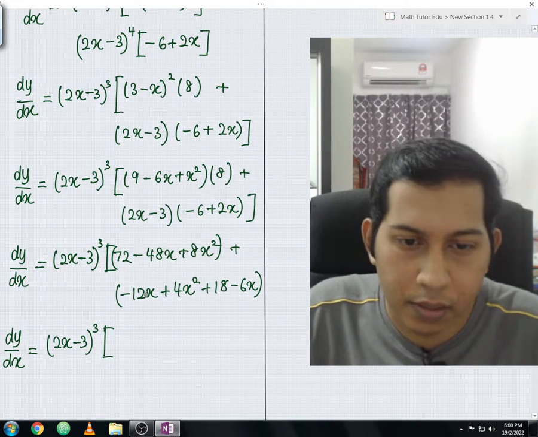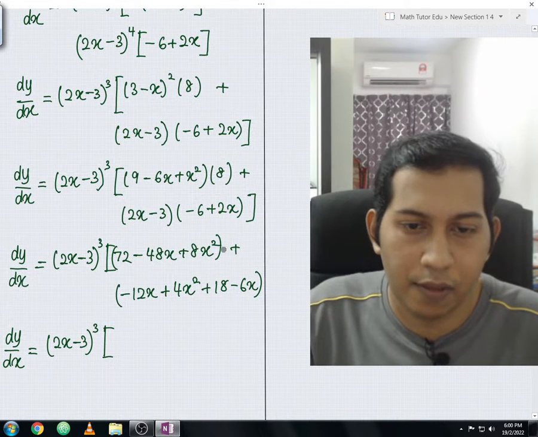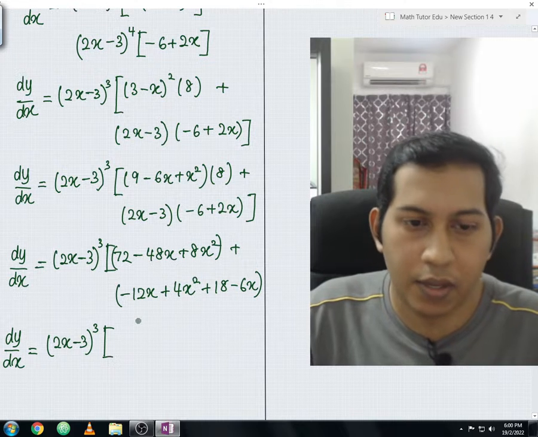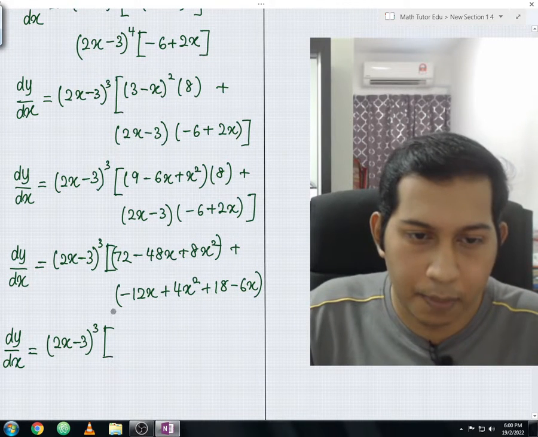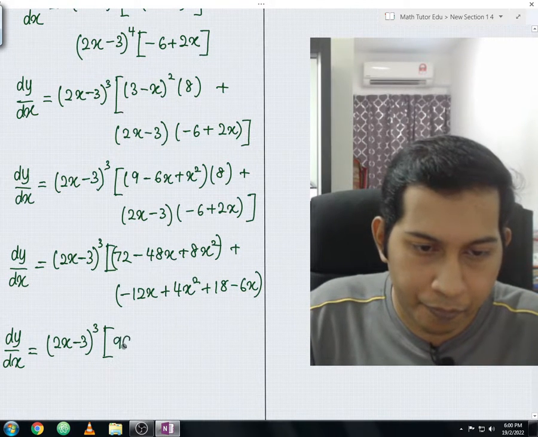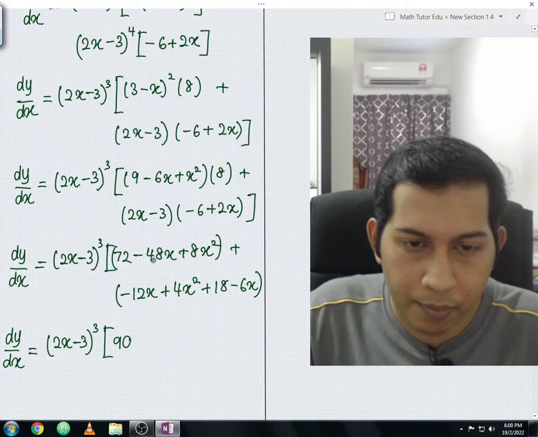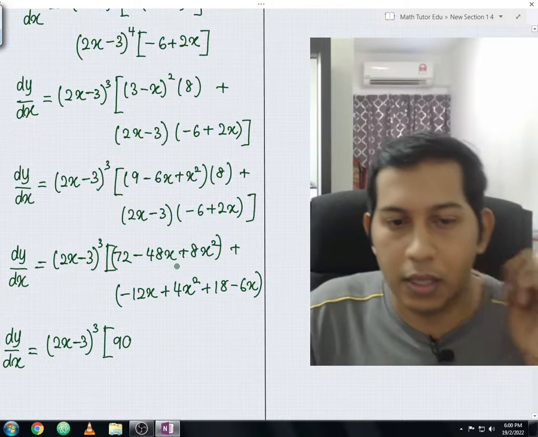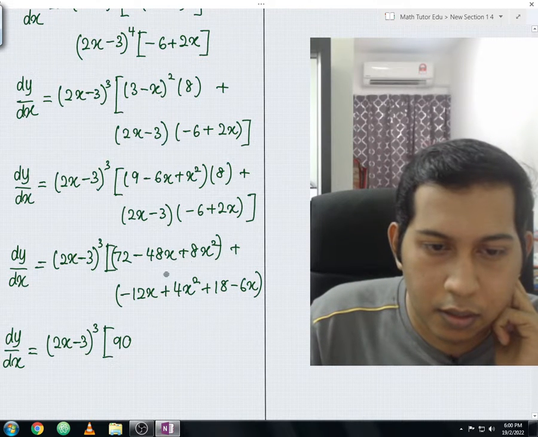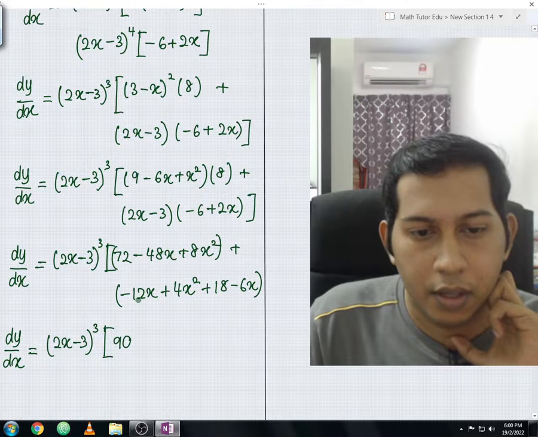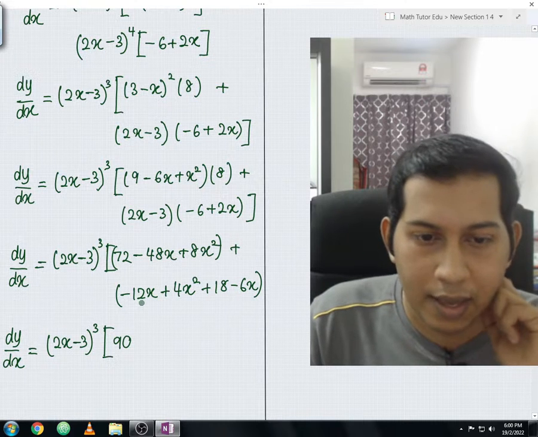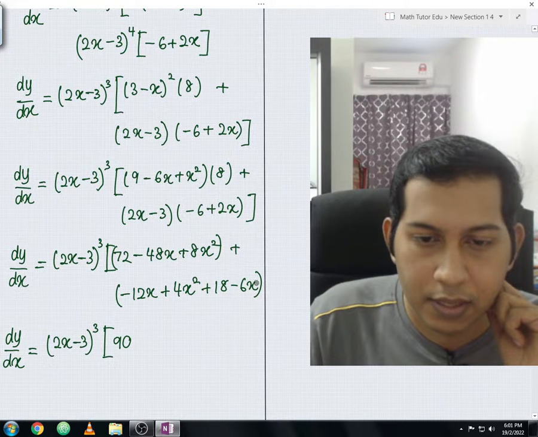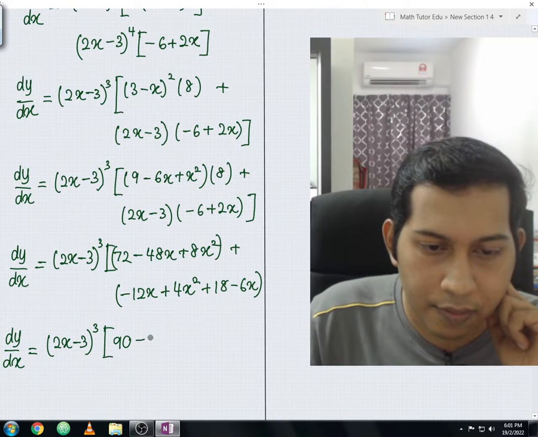Start with the like terms, guys, whenever you solve this algebra expression. So 72 plus with 18, so from here you get 90. And then proceed with the x power of 1, so negative 48 plus with negative 12x, so from here you get negative 60x. And then minus with 6x some more, so from here you get negative 66x.